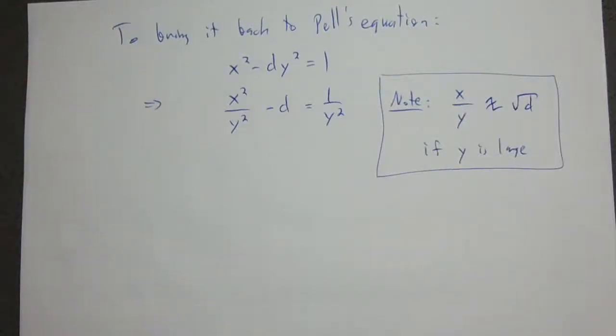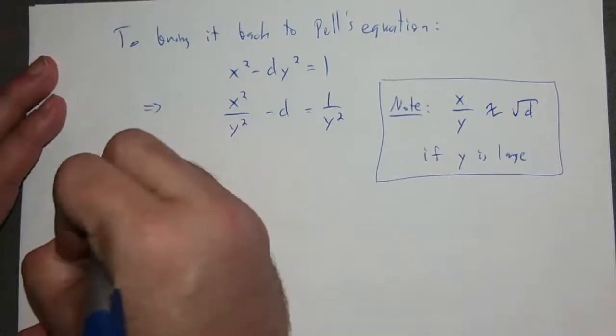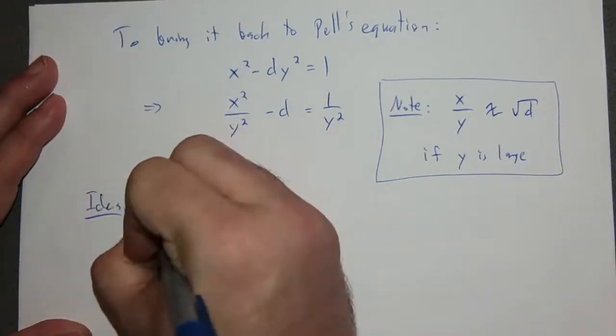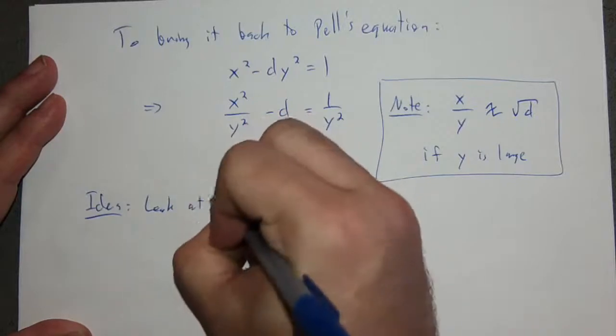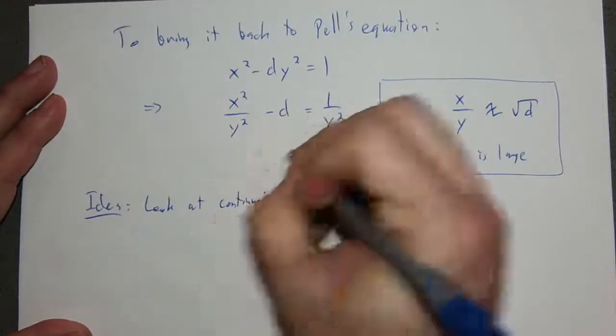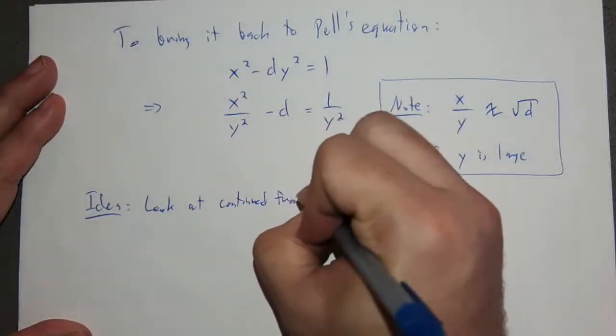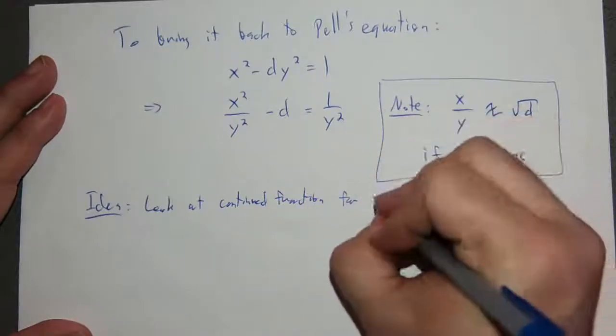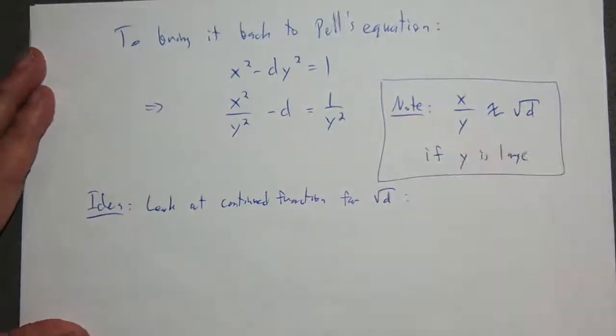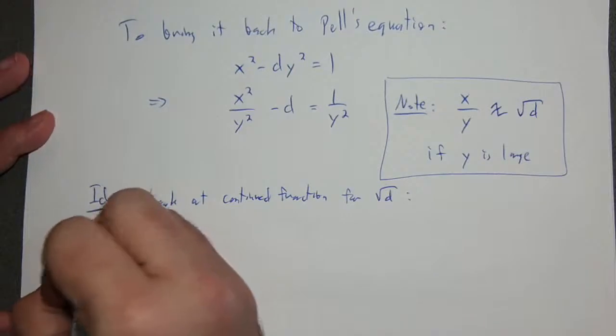And so what we do is we look at continued fractions for the square root of d. So the idea: look at the continued fraction for the square root of d. Here's an example.